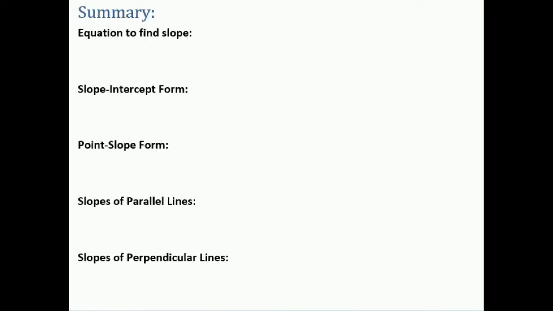And quick summary, equation to find the slope of a line. So slope, we can think of 2 different ways. We can think rise over run, that's if we have the graph already, or if we have a couple points, we know y sub 1 minus y sub 2 over x sub 1 minus x sub 2.